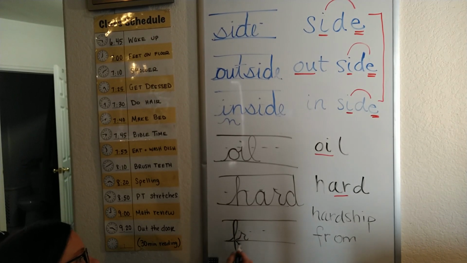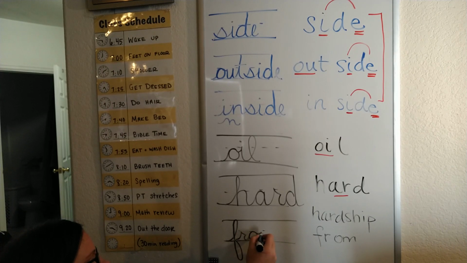Your O is a clock letter. Stop at 2 o'clock, come back around to connect, and a ponytail. Your M is an uphill letter, but you're already halfway up the hill. So you're going to go just a little bit up to the midline, straight down, bump it midline, straight down, bump it midline, and a tail.